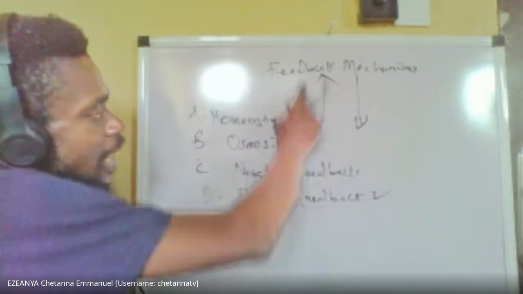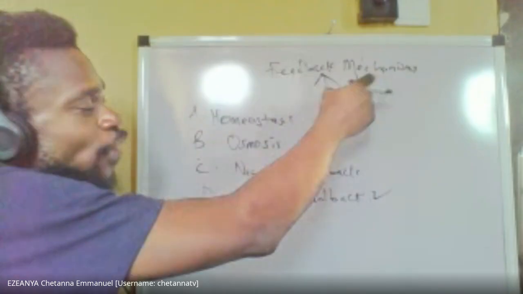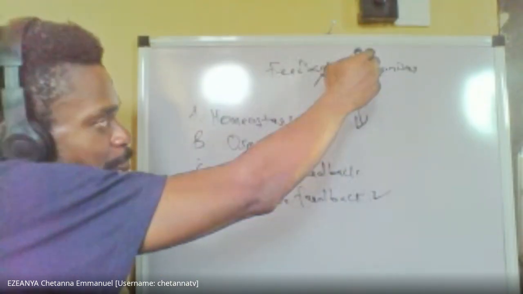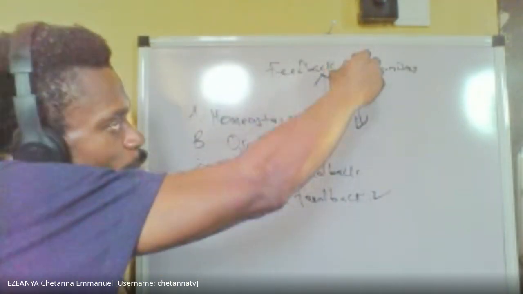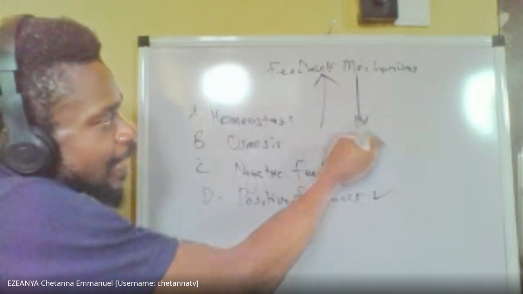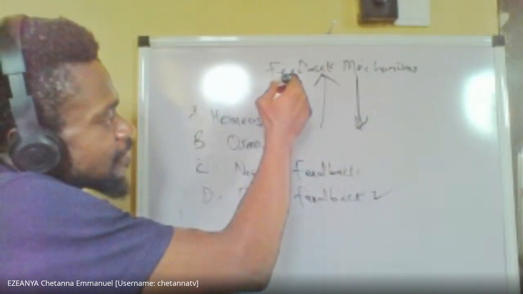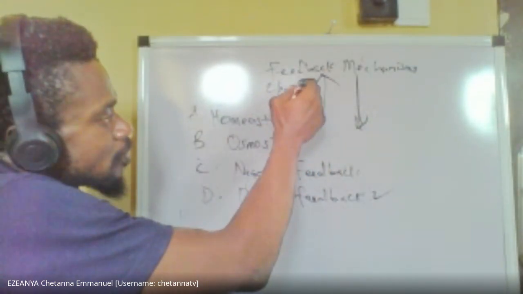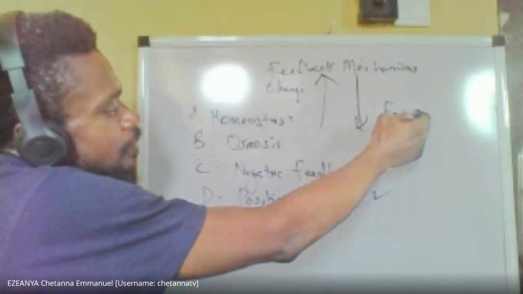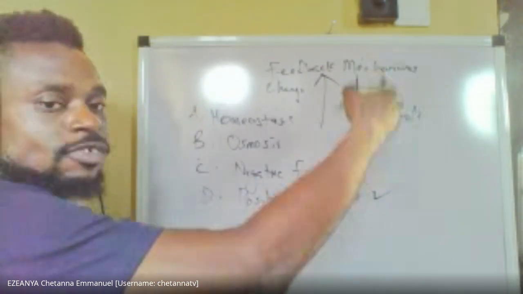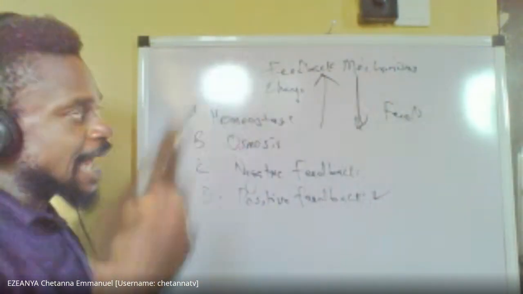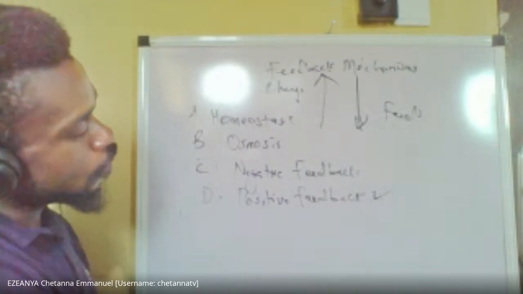Blood sugar increases. The body will look for a way to bring it down by working through insulin. This is the change that happens, and this is the feedback. I call it the response. You see, are they the same thing or opposite?